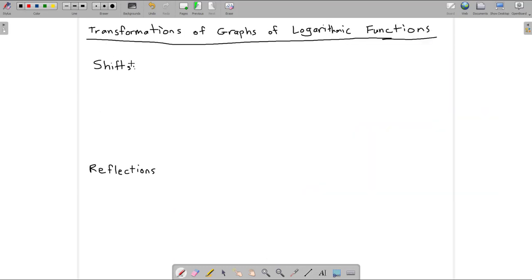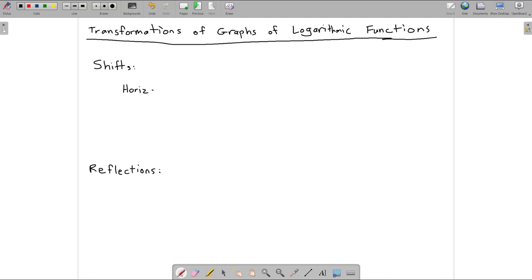Now let's take a look at some transformations of graphs of logarithmic functions. Just like our exponential functions that we looked at last section, we can do shifts, reflections, and vertical and horizontal stretches. I'll do a quick example of those as well, but first let's just understand shifts.